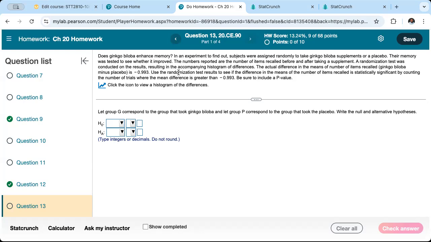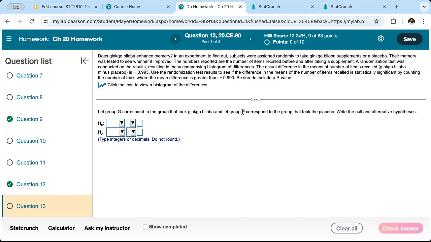So you want to use the randomization test result to see if the difference in the means of the number of items recalled is statistically significant by counting the number of all trials where the mean difference is greater than this.